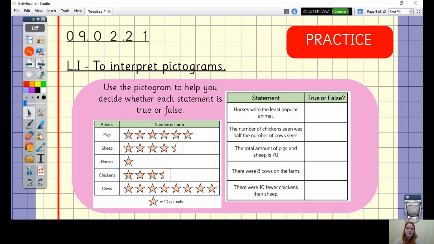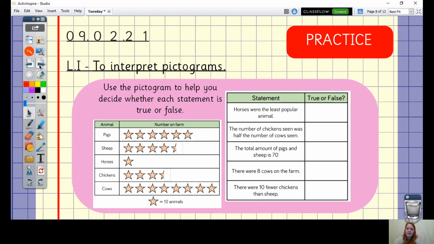The first one is, horses were the least popular animal. Again, that's one that you can see just by having a quick glance over. So is that true or is that false? The number of chickens seen was half the number of cows seen.